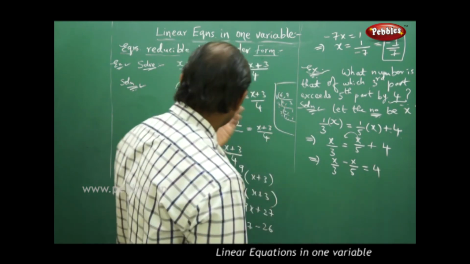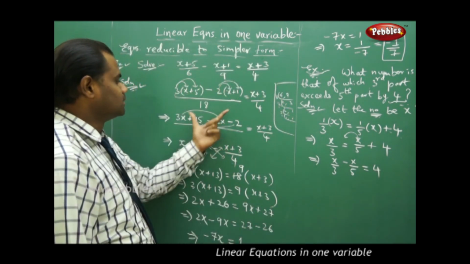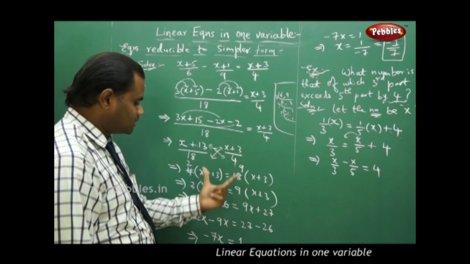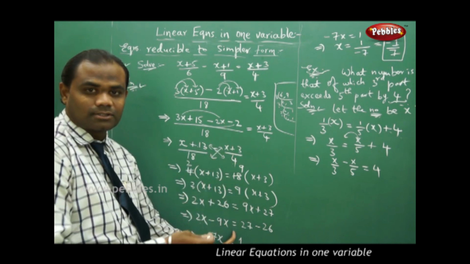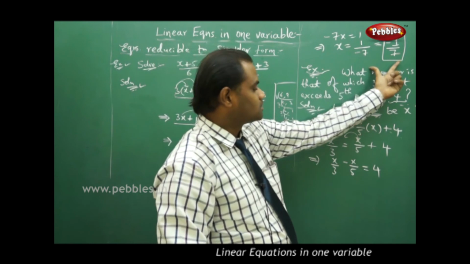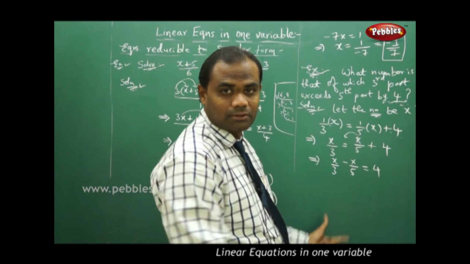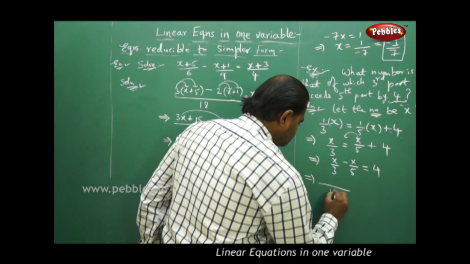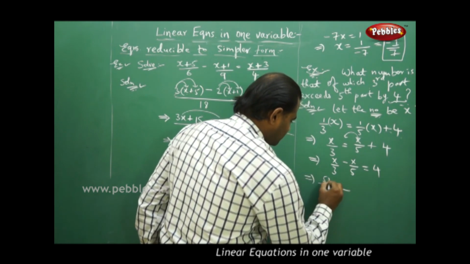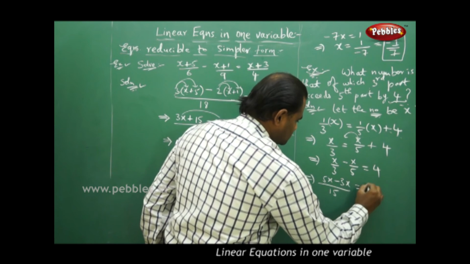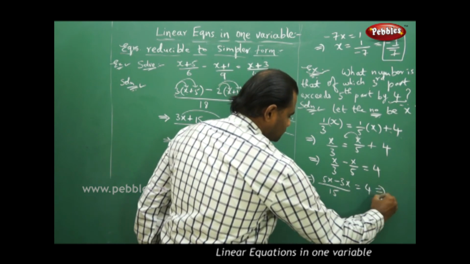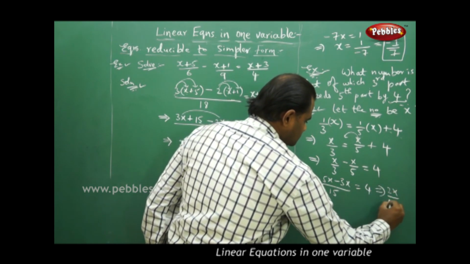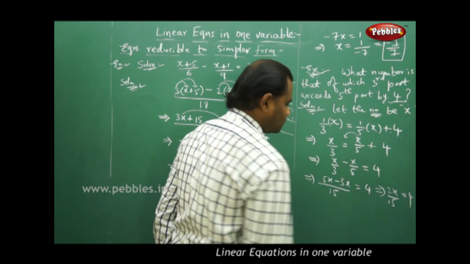Then this is similar to the previous problem, where I took the LCM, then the cross multiplication, then took all x to one side and constants to the other side, then I got the value of x. The same thing I'm going to do here. So first I'm going to start with LCM. This is 5x minus 3x is 4. This would give me 2x by 15 equal to 4.